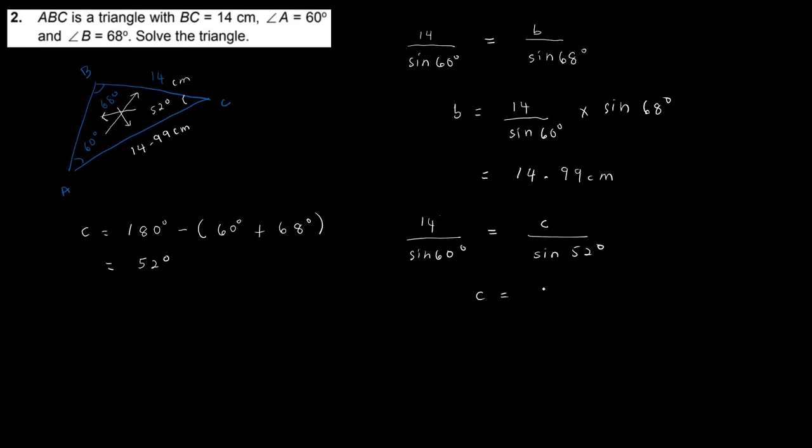So to find length C, 14 over sine 60 degree multiplied by sine 52 degree. Calculator in mode degree, and if you calculate correctly, you should get 12.7 cm. So this length here is 12.7, and with that we have completed the triangle. We find all three sides and all three angles. Proceed to the next question, number 3.